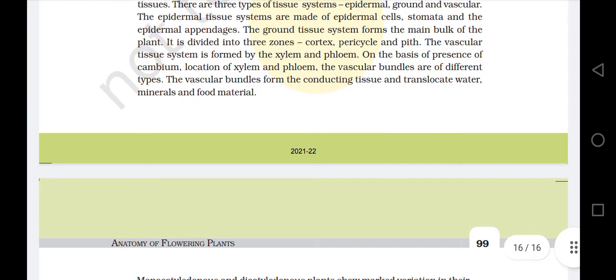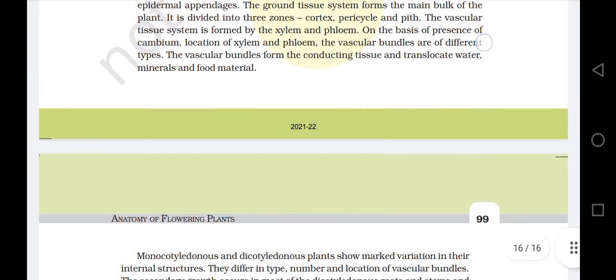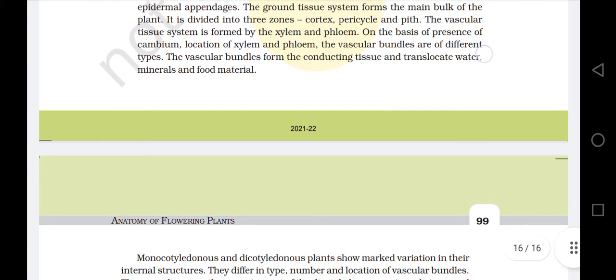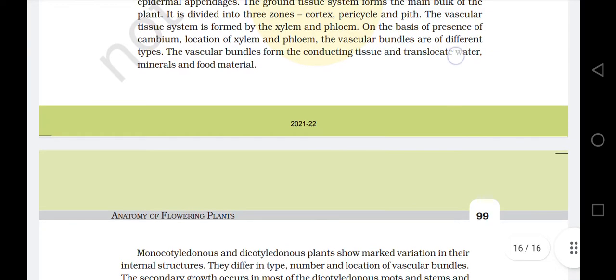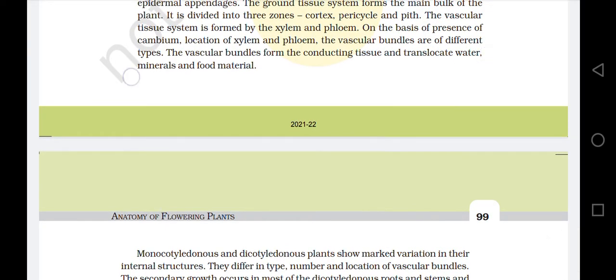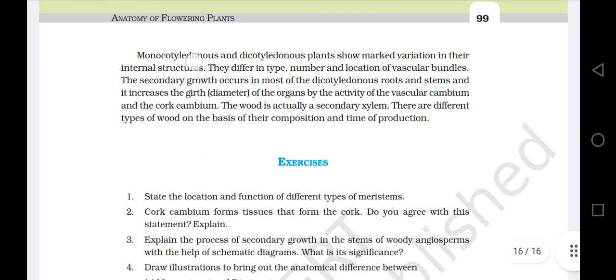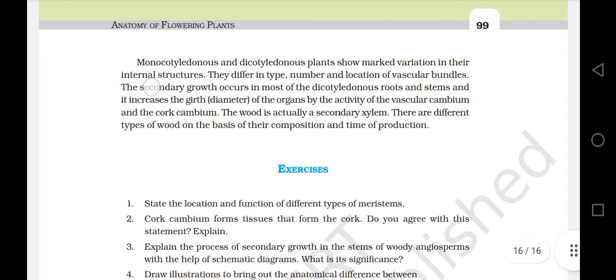The vascular tissue system is formed by the xylem and phloem. On the basis of the presence of cambium and location of xylem and phloem, the vascular bundles are of different types. The vascular bundles form the conducting tissues and translocate water, minerals, and food materials. Monocotyledonous and dicotyledonous plants show marked variations in their internal structures.